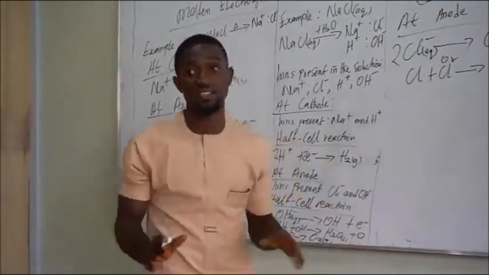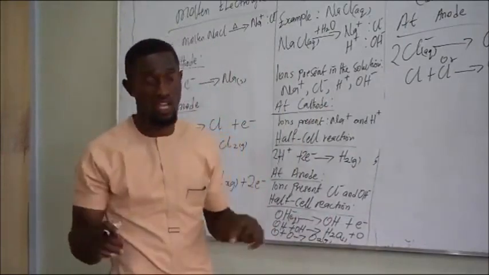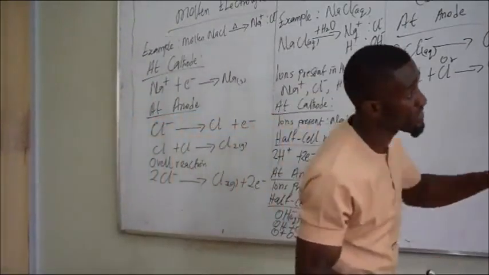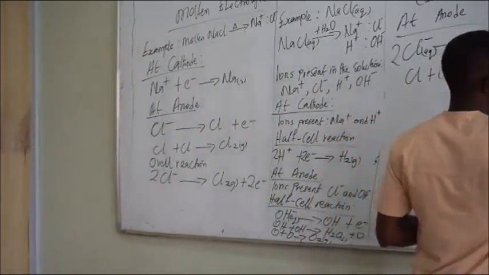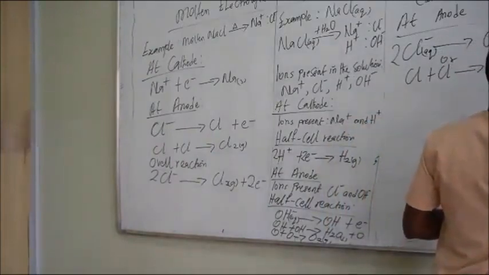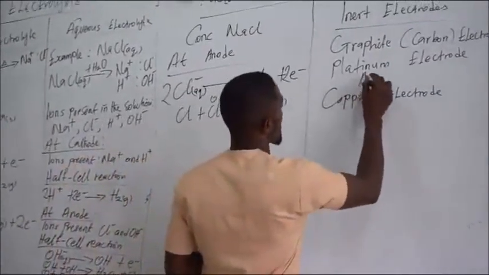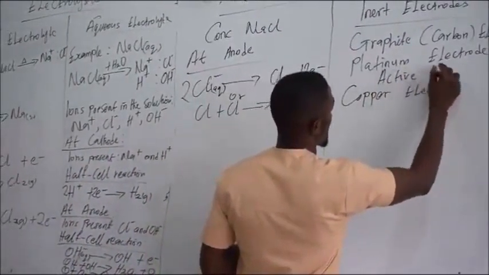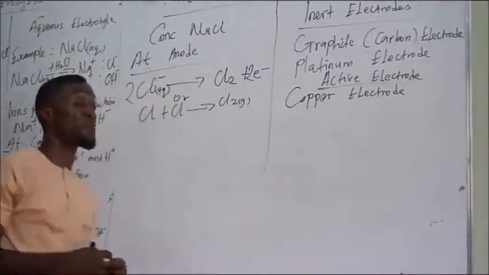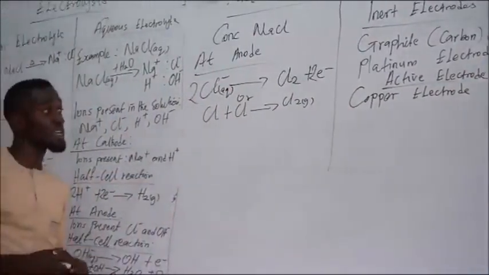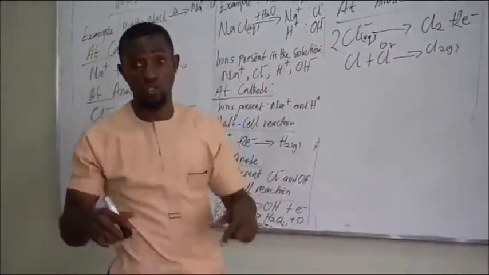So the ions present in the electrolyte are the ions that will be deposited at the individual electrodes. But when you are using an active electrode, like the copper electrode, this affects the solution of the salt.